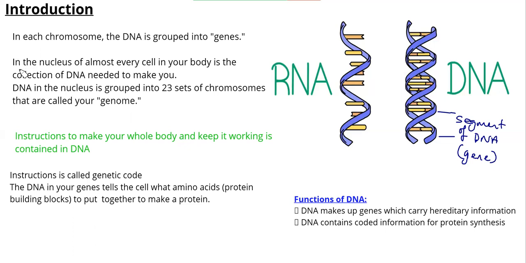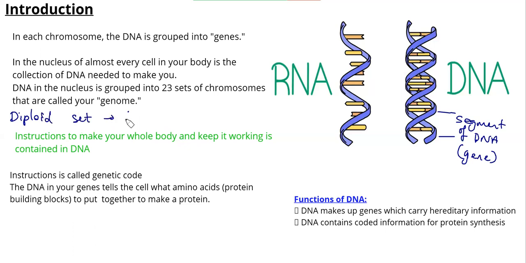Now, in the nucleus of almost every cell in your body is a collection of DNA needed to make you. So DNA makes up who we are. Now DNA in the nucleus is grouped into 23 sets of chromosomes that are called the genome. So we understand that humans have 46 chromosomes, and that's what we call a diploid set.